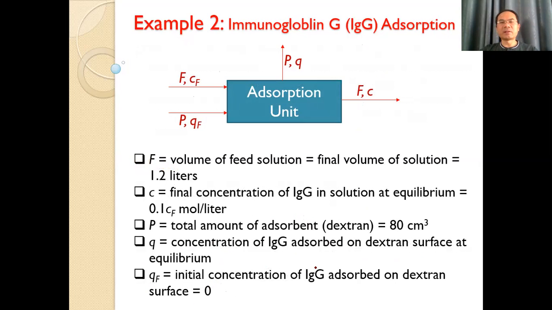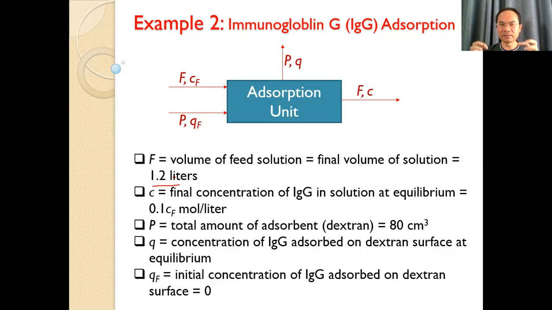Okay. If we draw the adsorption unit, for this adsorption unit we have the feed, with the concentration of solute immunoglobulin G in solution. For this case, we assume the volume of feed solution equals the final volume of solution, 1.2 liters. And C is the final concentration after adsorption. Some solute molecules are transferred to adsorb or accumulate on the surface of the solid.